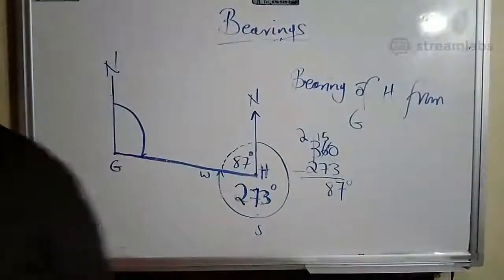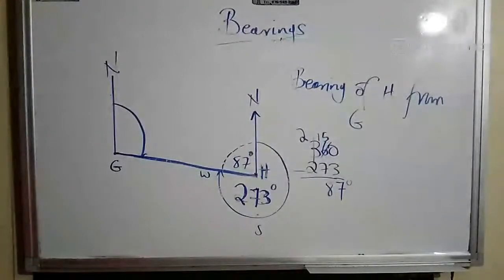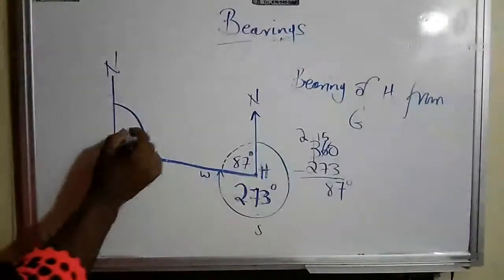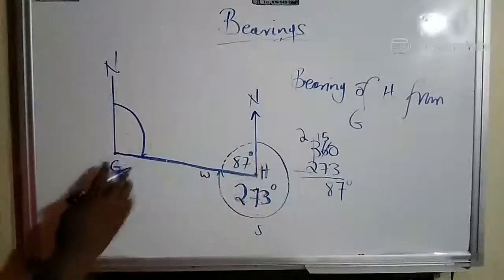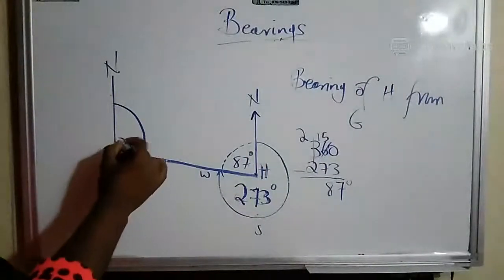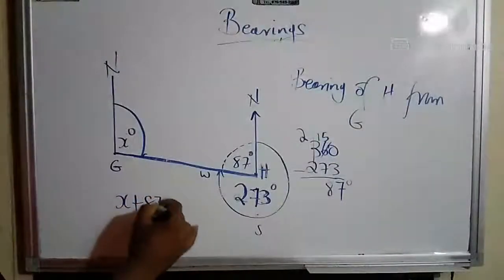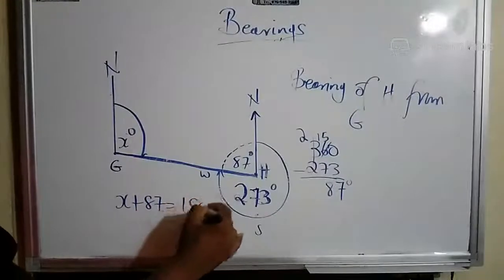But we're not finished and this is not what we're looking for. But guess what? We know that this plus this must equal 180 degrees. We'll call this x just for today's sake. So x plus 87 is equal to 180 degrees.